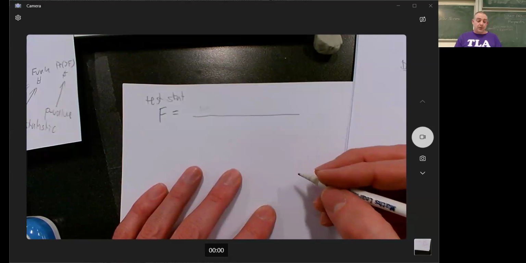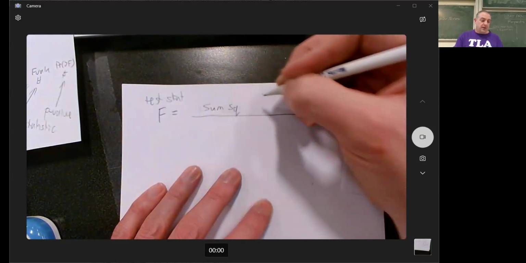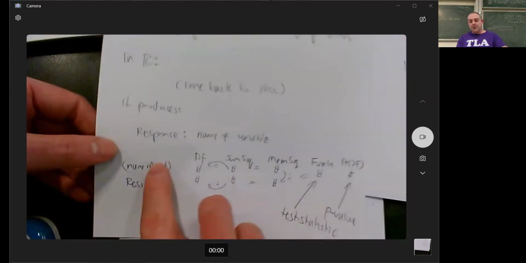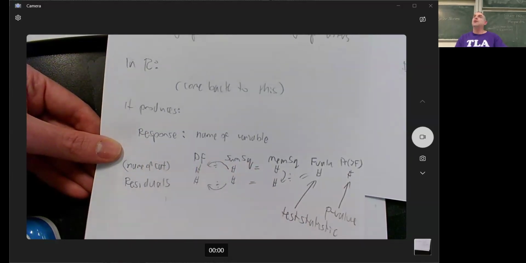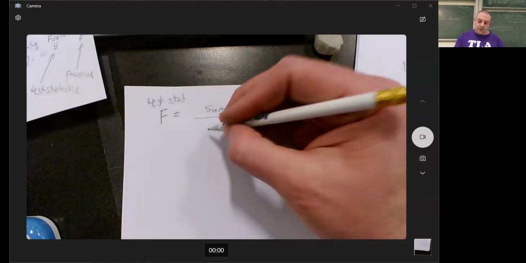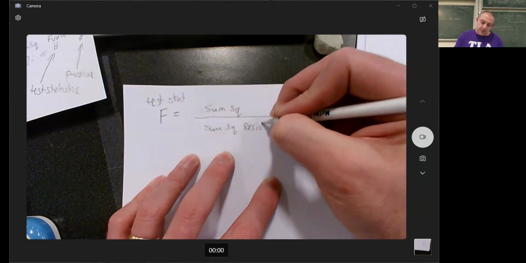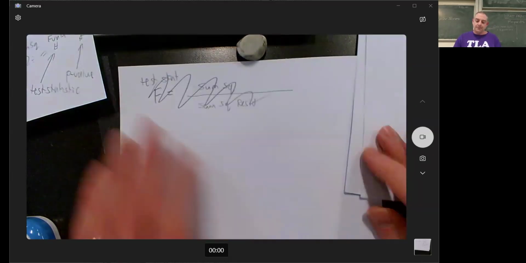But just so you know, it is the sum of the squares that goes with the category. Like it's in this spot in the table, sum of squares, name of category, divided by the degrees of freedom that goes with the category. So you've got the sum of squares residual.